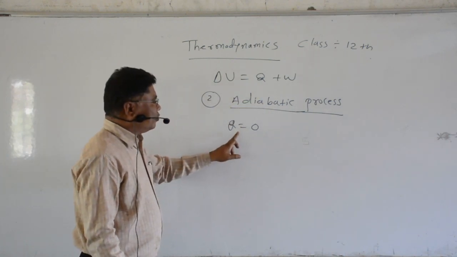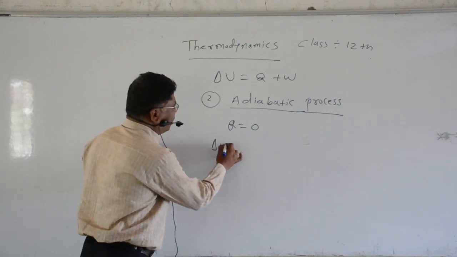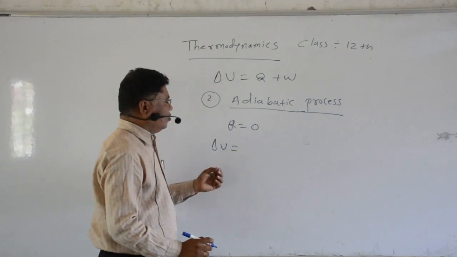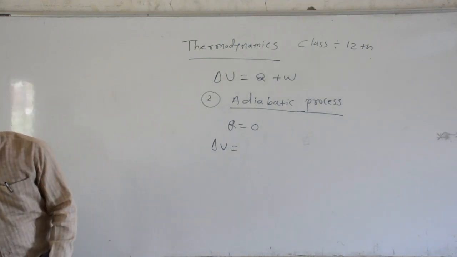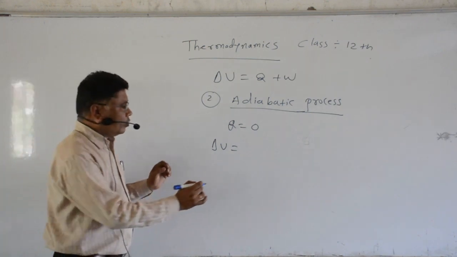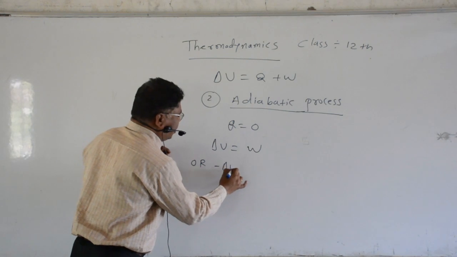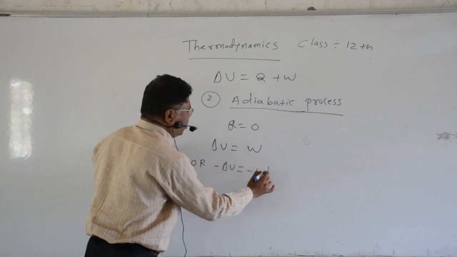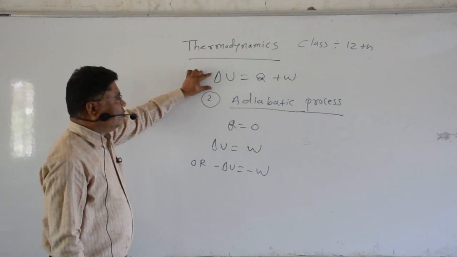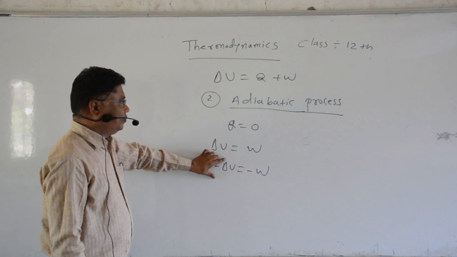So in adiabatic process, Q is equal to 0. That's why delta U is equal to 0 plus W, that is delta U is equal to W, or minus delta U is equal to minus W. So when we apply the first law of thermodynamics to adiabatic process, we get this equation.